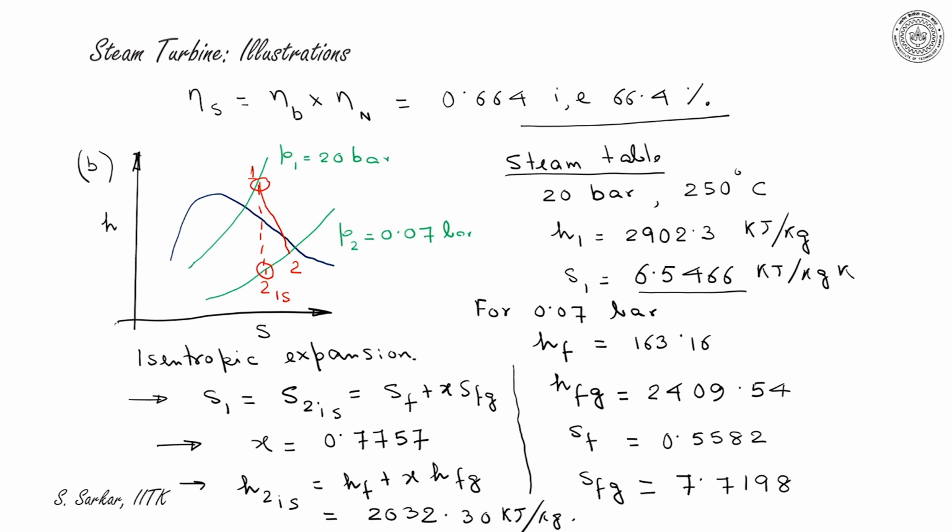That's what I have done here. I've considered inlet pressure and exit pressure, which is the condenser pressure. From the steam table, I have got the value of H1 and S1. Considering isentropic expansion, I have calculated the dryness fraction at the end of isentropic expansion, and from there I have evaluated the enthalpy at the end of isentropic expansion.